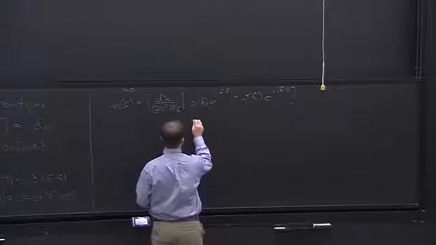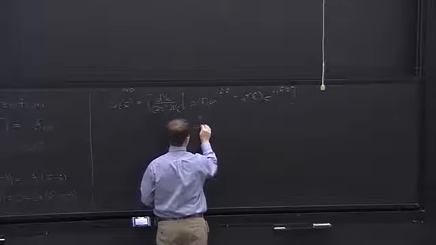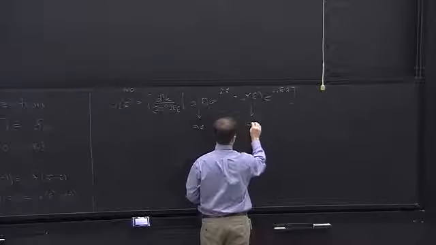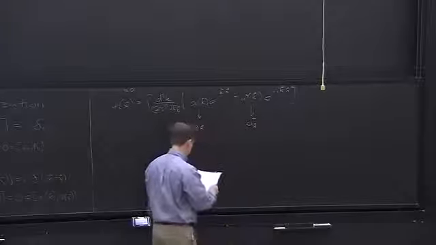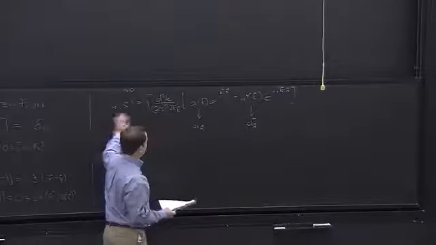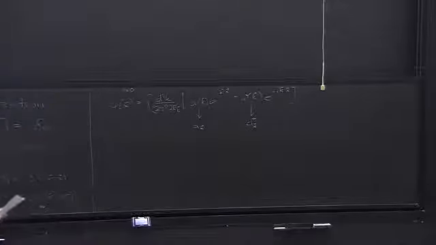So we promote this to an annihilation operator, a_k, and this to a creation operator, a_k dagger. Then this equation makes sense as an operator equation.